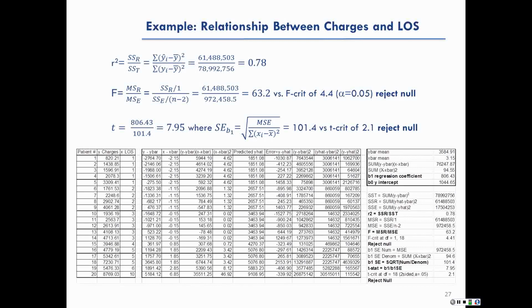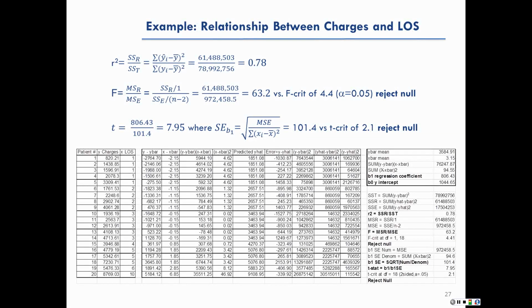So the F statistic, once you have calculated the regression sum of squares, total sum of squares, and the error sum of squares, is pretty simple. The F statistic is the MSR, which is equal to our regression sum of squares divided by 1, so the same thing as our regression sum of squares, a little over 61 million. The MSE is our error sum of squares, which we calculated as the sum of y minus y hat squared.